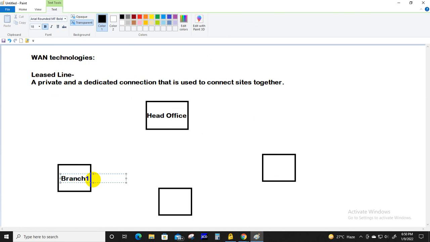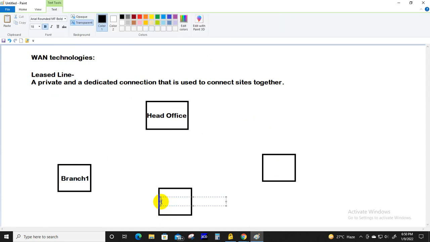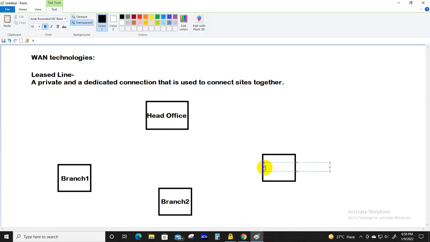This is branch 1, this is branch 2 and this is branch 3.